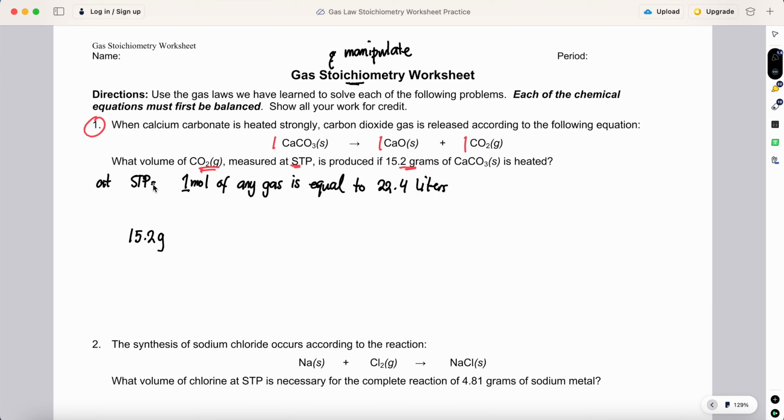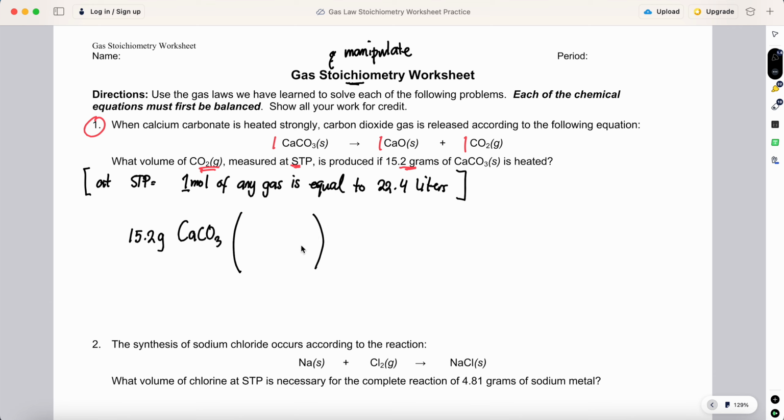So we know that in STP, this condition is given. So we go back to the given. We have 15.2 grams of calcium carbonate.